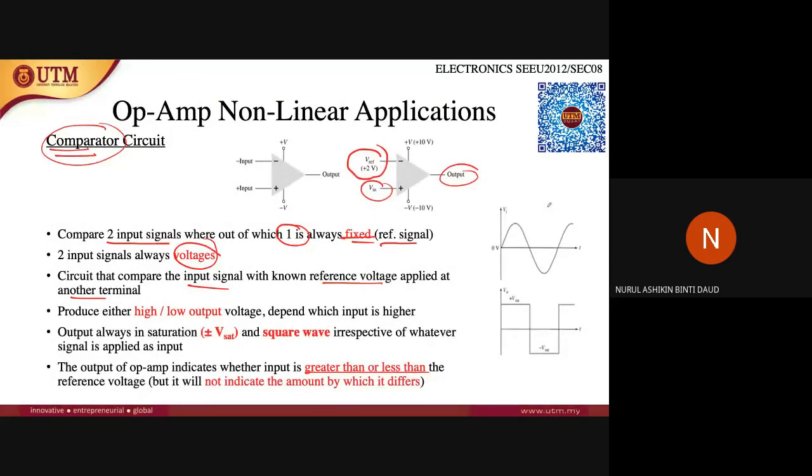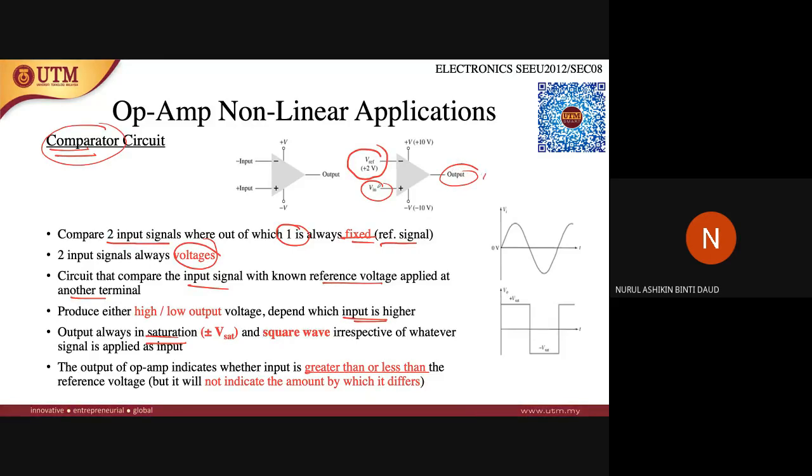The output here will produce either a high or low output voltage, which depends on the input after it is compared with the reference. So the output is always in saturation. Why is it always in saturation? Because, if you think about it, the output could go much further.